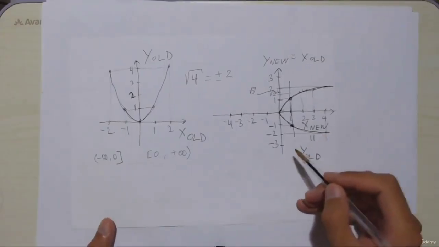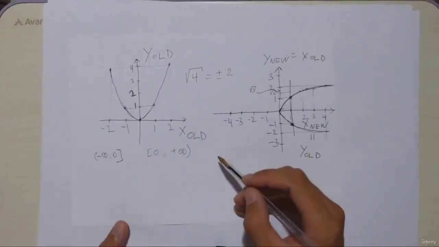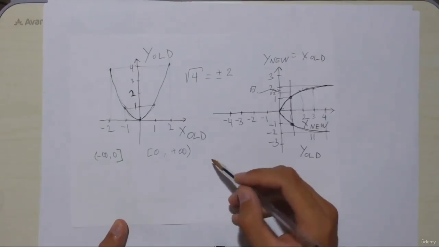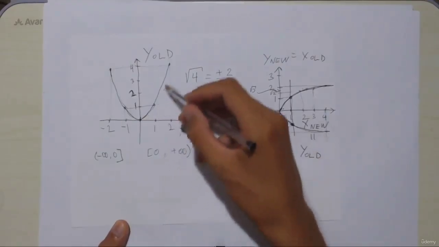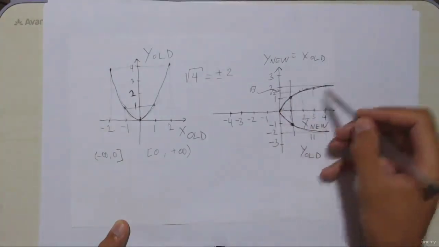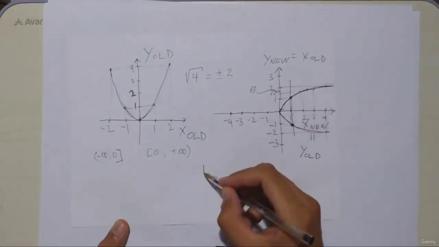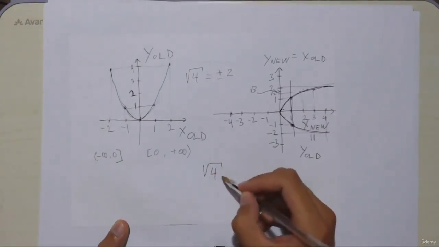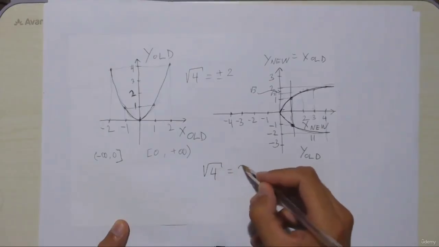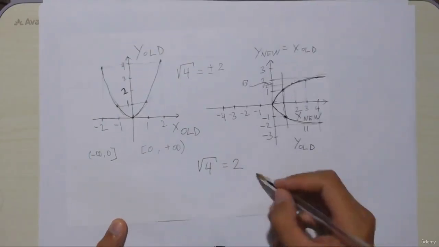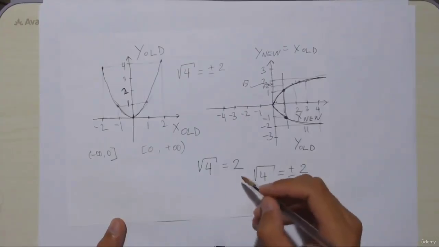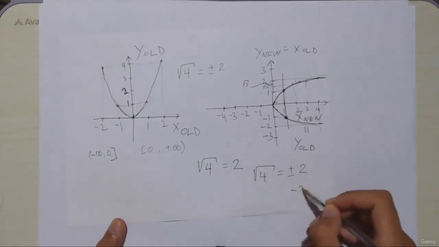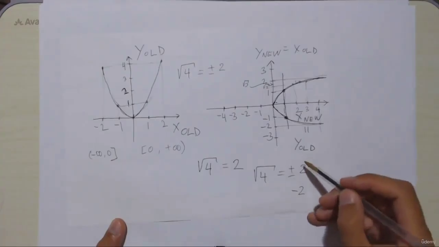Both choices are valid. However, if you have a calculator, most calculators are programmed to choose this side and this one. So that's why if you take a square root of 4 in a calculator, you usually get 2. But the reality is that both numbers are correct. So a calculator can also give you minus 2 and it would still be correct.